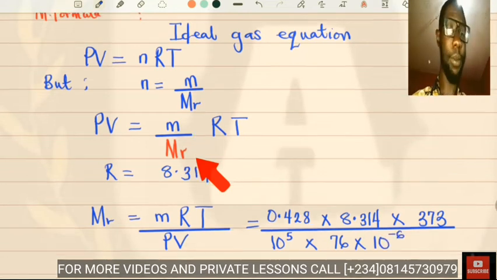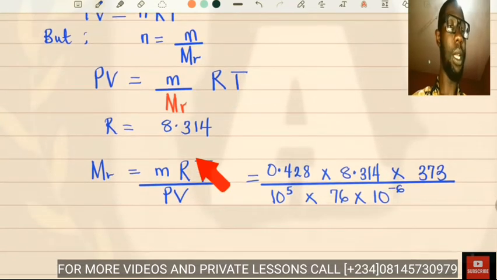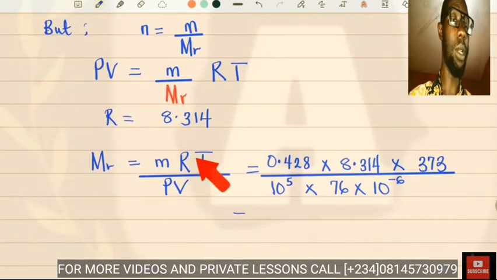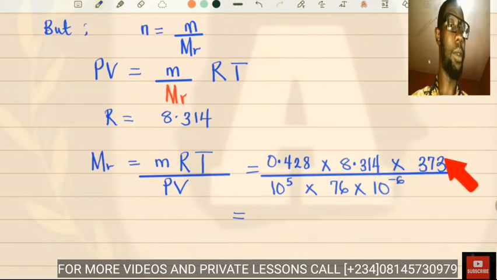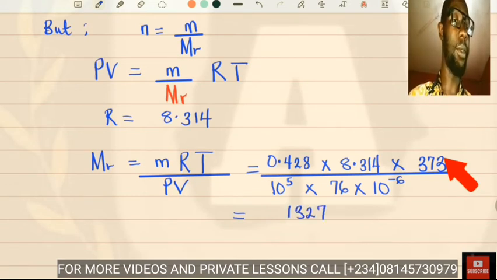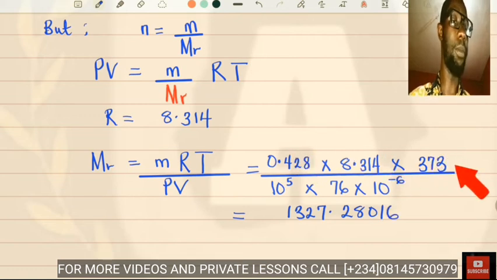So now we're going to work that out. 0.428 multiplied by this gives 1327.28016 for the numerator.